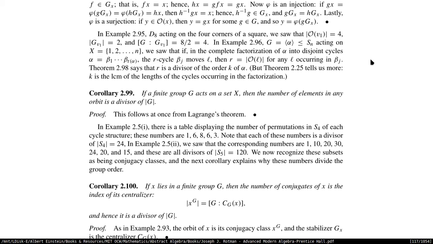Right. The normalizer of P is the stabilizer of P. It's everything that leaves P alone. So if I make my list P1 to Pn, I can just assume that P is the first one. And then the number of different subgroups is going to be the order of the normalizer in G.